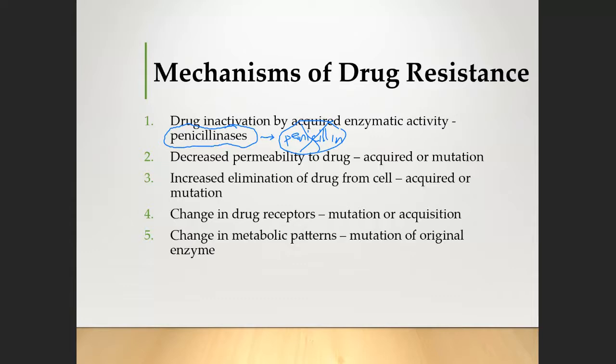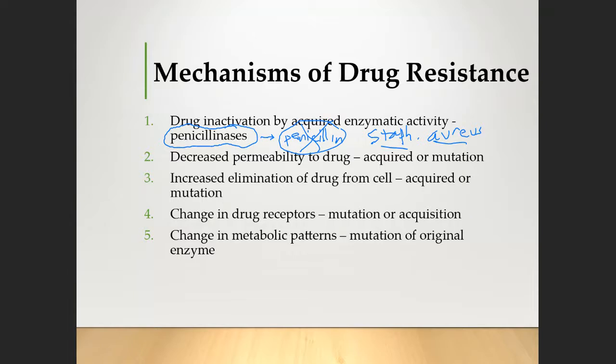So when we use penicillin on this bacteria, it will not be effective because it will be broken down by the penicillinase. So an example of bacteria that produce penicillinase is Staphylococcus aureus. So Staph aureus, okay, this bacteria actually has resistance against penicillin.